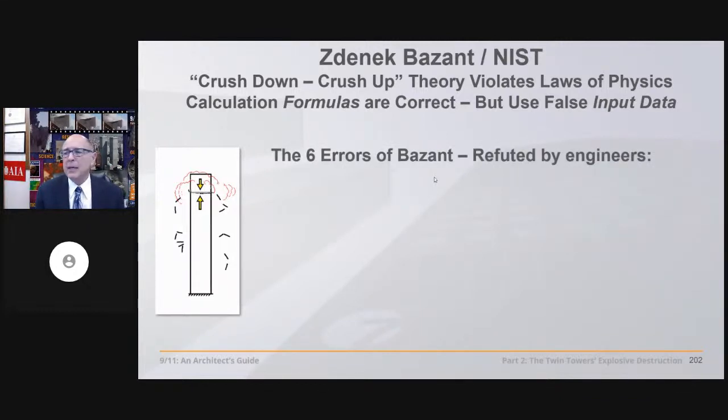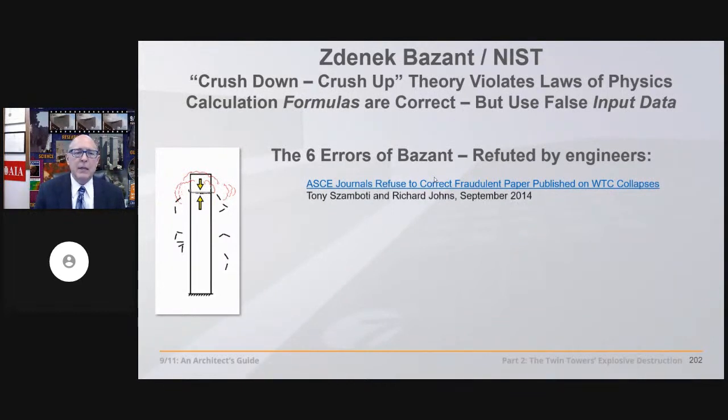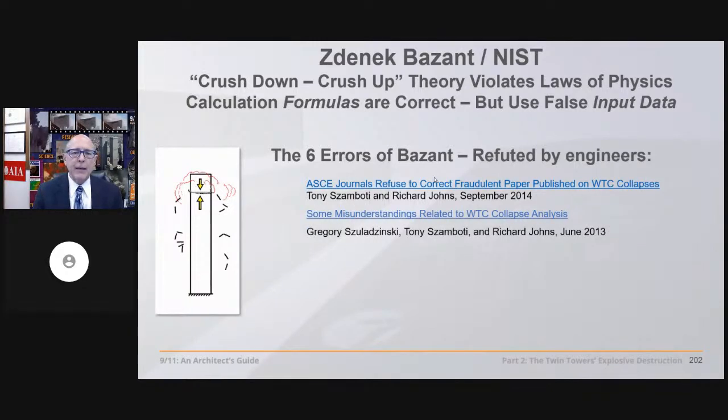So these key errors are refuted by engineers like Tony Szamboti and Richard Johns, submitting papers to the American Society of Civil Engineers, challenging the results of Zdeněk Bazant with these 2 papers, and finding that, gosh, the errors were upheld because the American Society of Civil Engineers won't publish them.